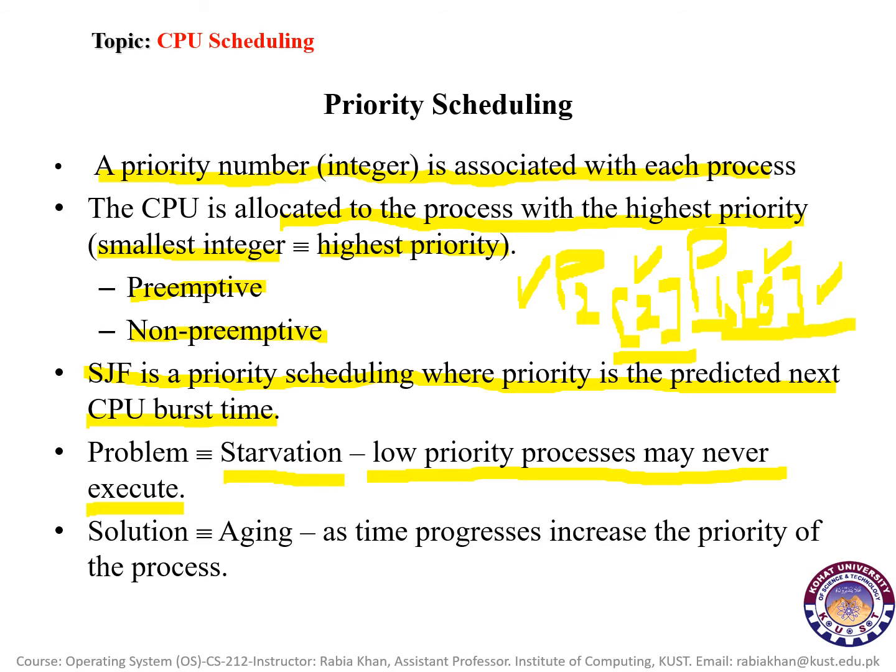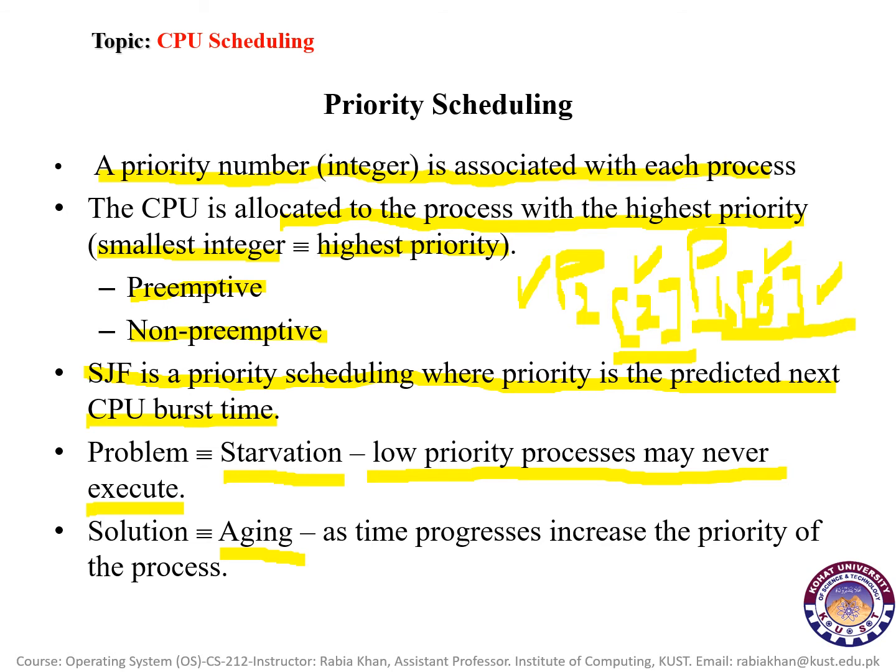So the solution is then given to it. The solution is aging. What is aging? Aging is, as the name states, that the more CPU cycles are completed, the more the number is reduced. For example, we get aged every year. One year is added to our age every year.